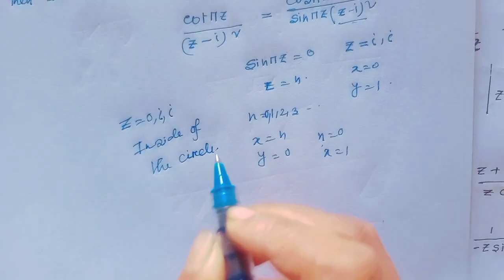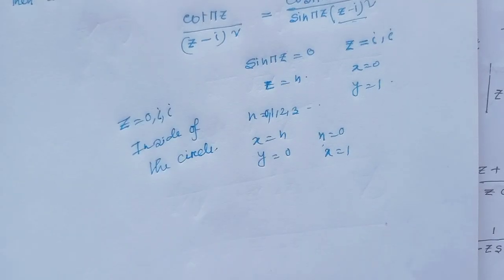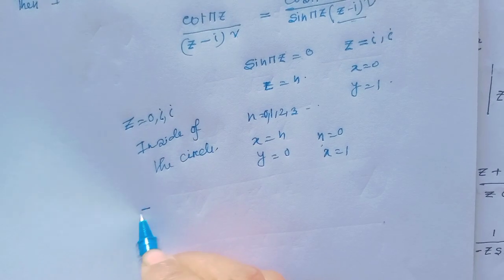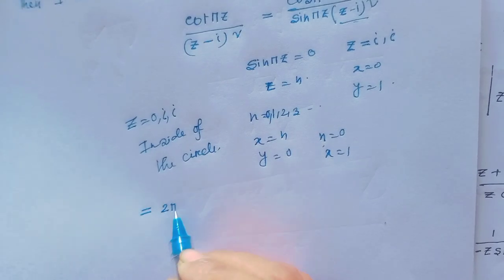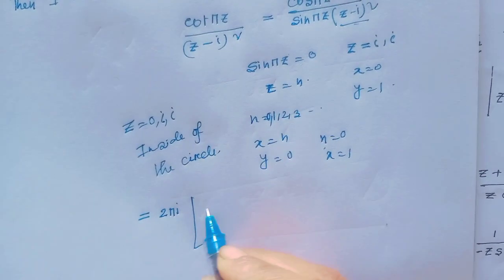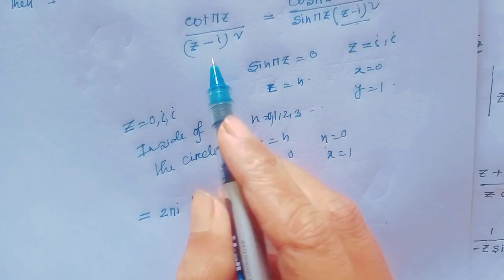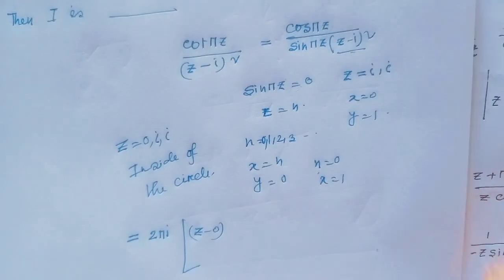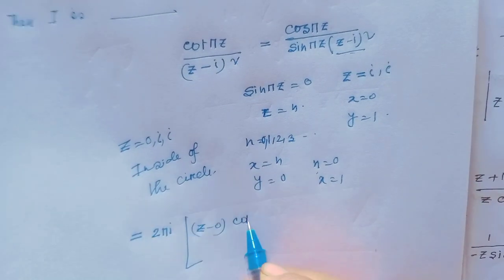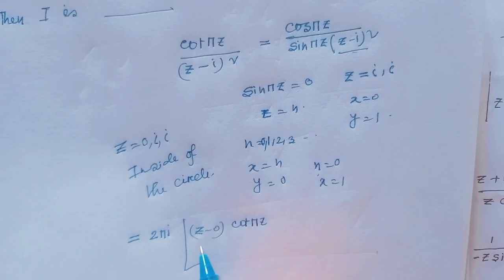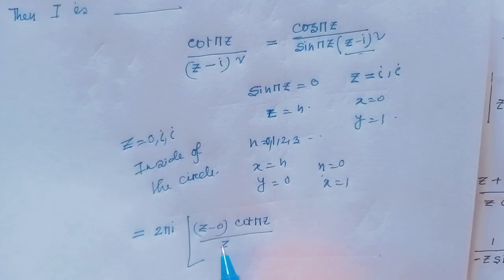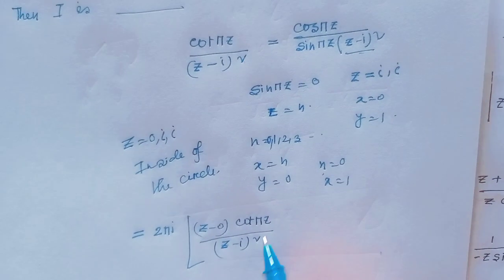I hope all my viewers have understood clearly. By the residue theorem, for z equal to 0 we take 2 pi i times the residue of cot pi z over z minus i whole square.